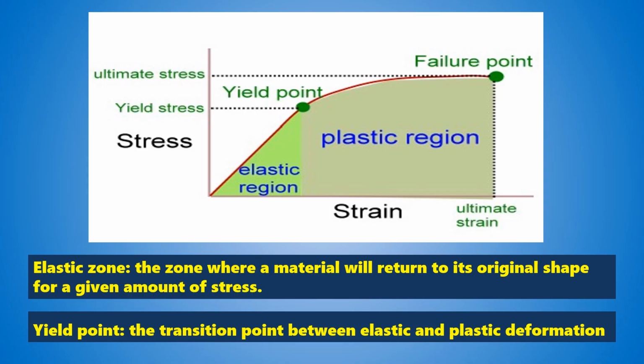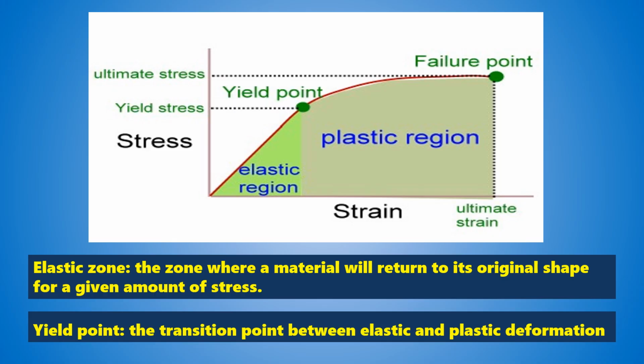We have on the x-axis the strain, which is the change in the shape of the material to a given force or stress. The physicist will expose the material to different forces and will draw the curve. As you can see, at the beginning it's kind of linear and then it becomes curved. I will try to explain the different regions and points on the curve.